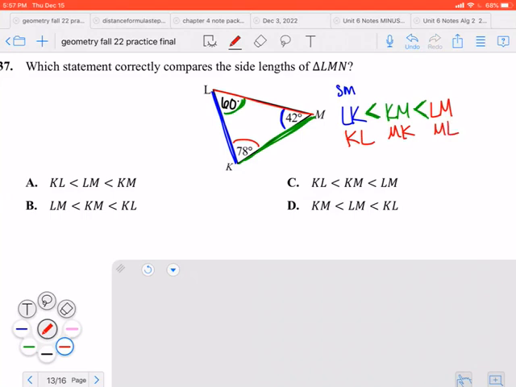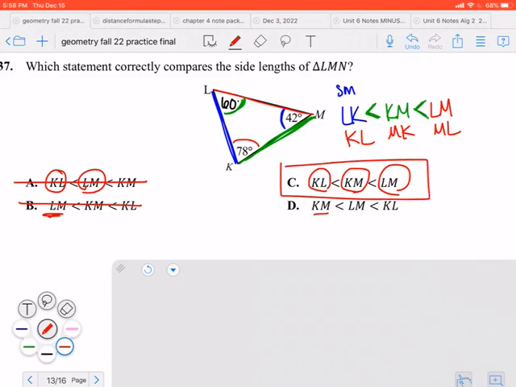So let's look and see which ones. We've got KL, LM, so that one's wrong. LM being the smallest, that one's wrong because LM is the biggest. KL is less than KM is less than LM. We got it.